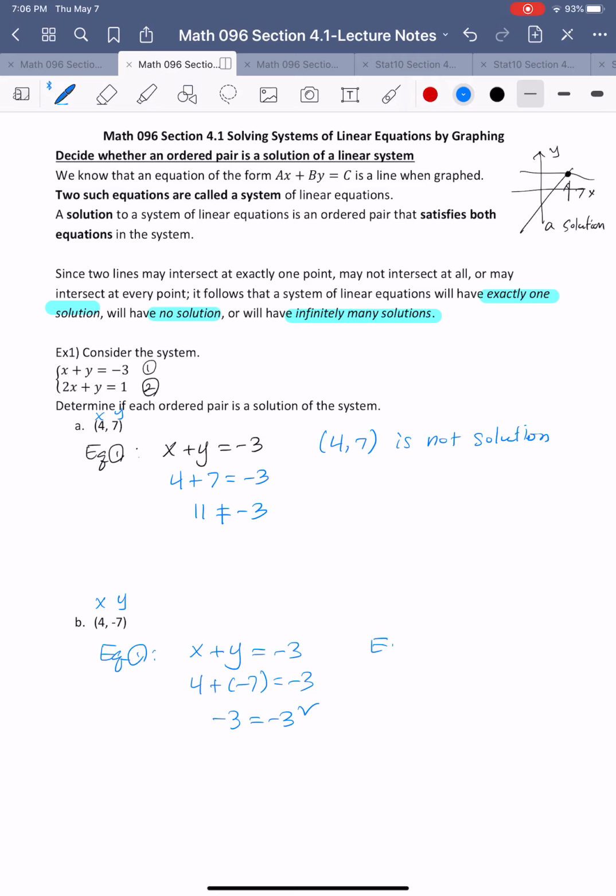Now you have to check the second equation too, which is 2x plus y equals 1. So 2 times 4, plus -7, equals 1. So 8 minus 7 equals 1. Yes, it is. So this works for that too. That means (4, -7) is a solution of the system.